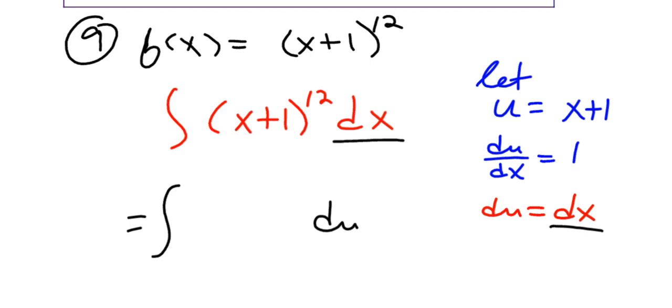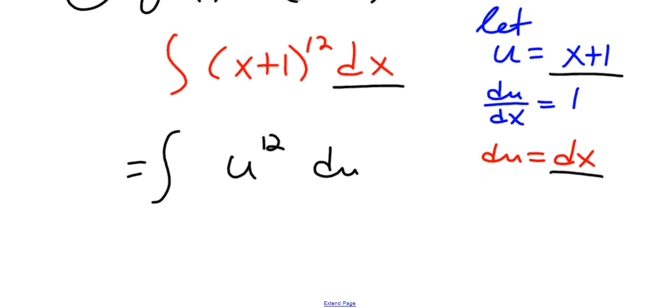We said u was x plus 1, so I substitute u for the parentheses, and I still have the outside function of the 12th power. This is now much easier to integrate: add one to the exponent, divide by the new exponent, plus c.